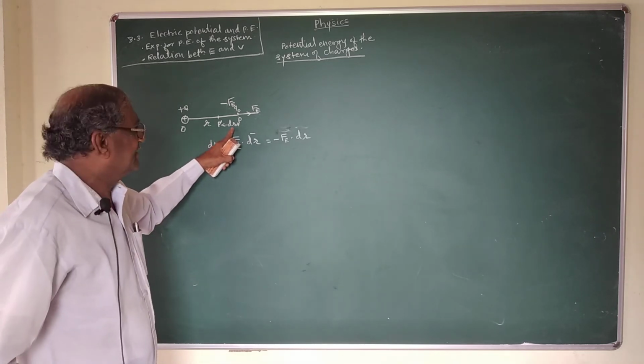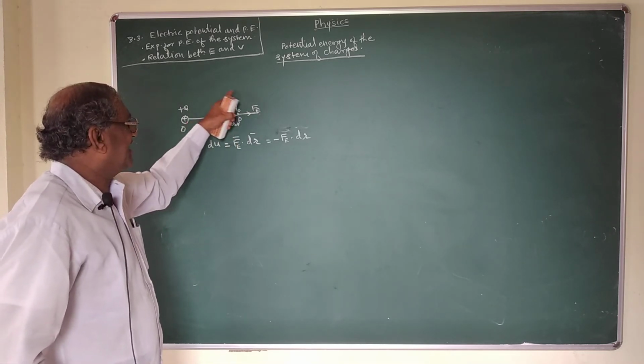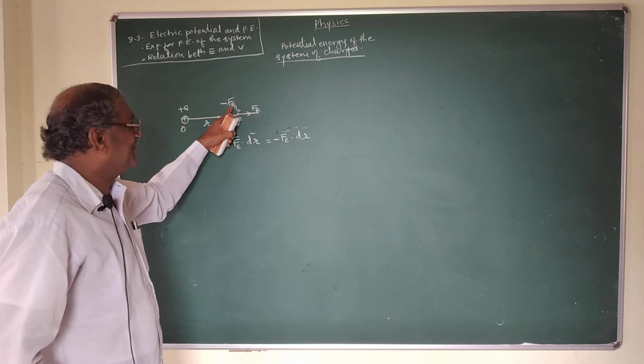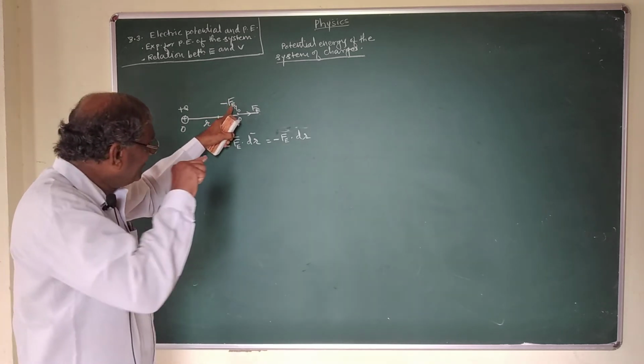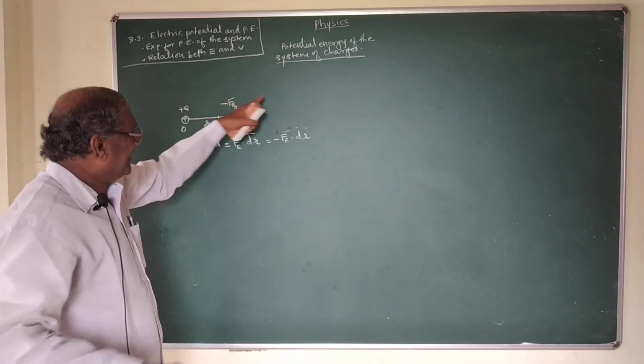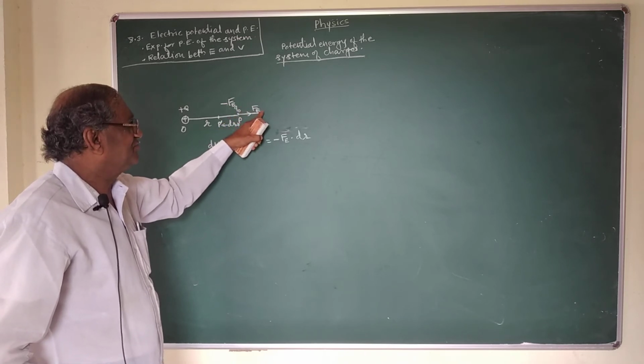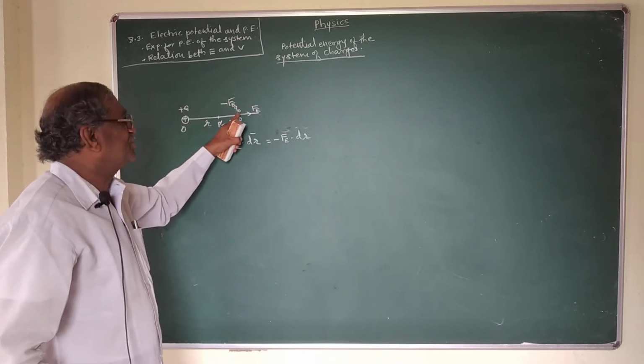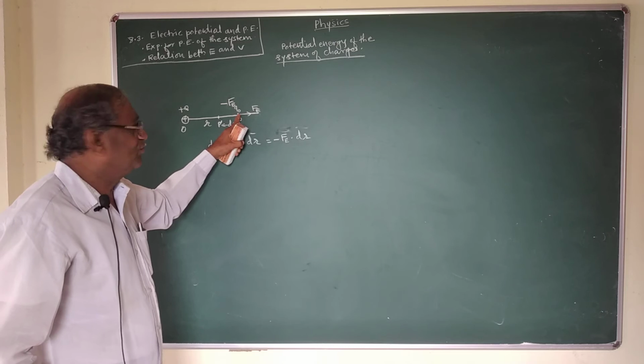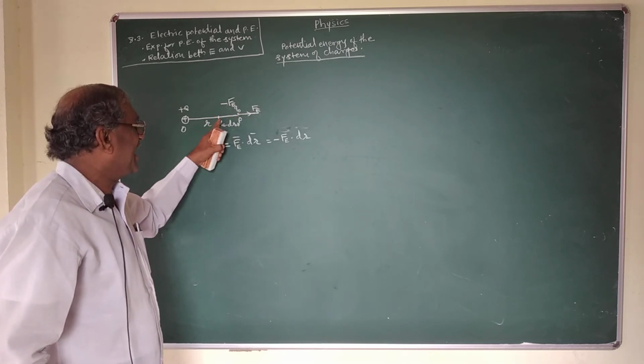It means that this applied external force, minus F, does some work against this force of repulsion, so that q0 charge at point P moves from P to P dash.